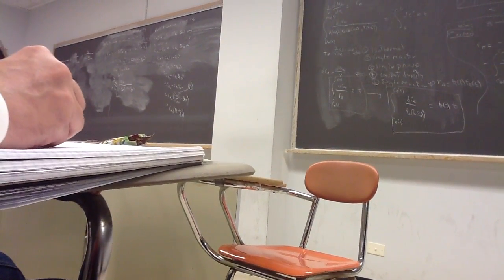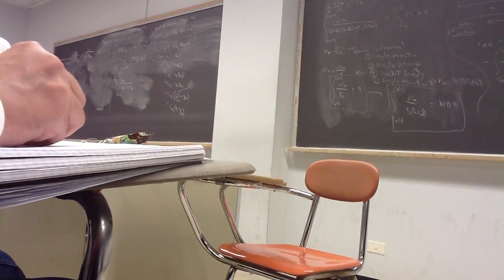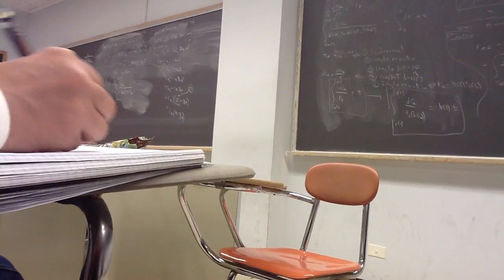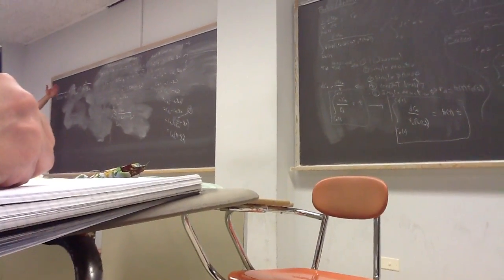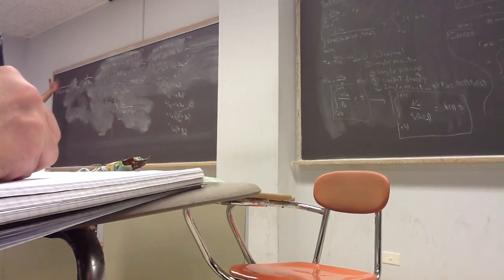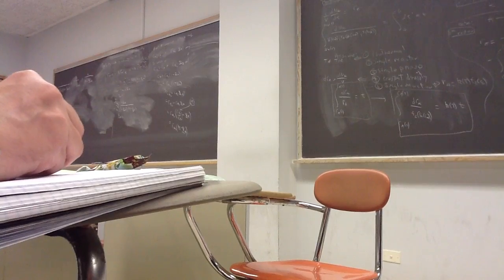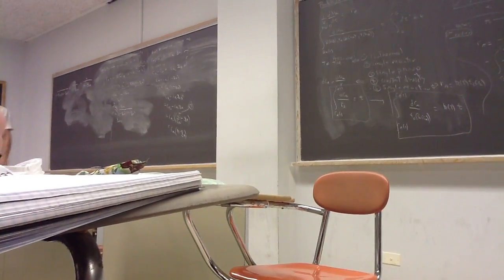Where I want A and B to hold for all XA, not just for one XA, for all XA. So I'm going to multiply through by the denominator, and then I'm going to get a polynomial equation. And I want the polynomial on the left to be equal to the polynomial on the right, meaning all the coefficients of all the powers of x have to be the same.